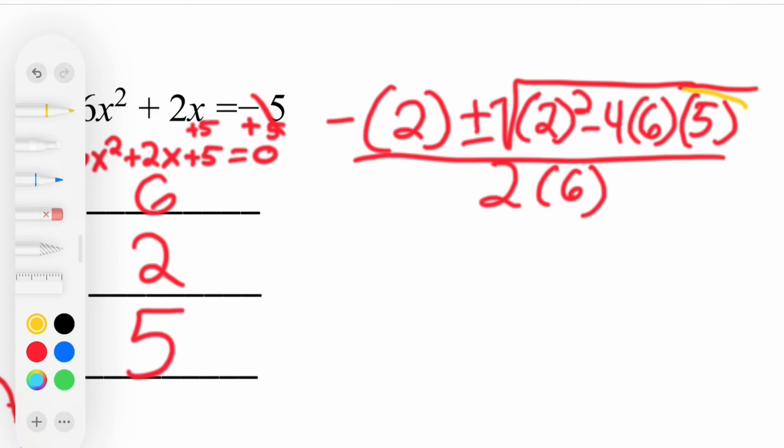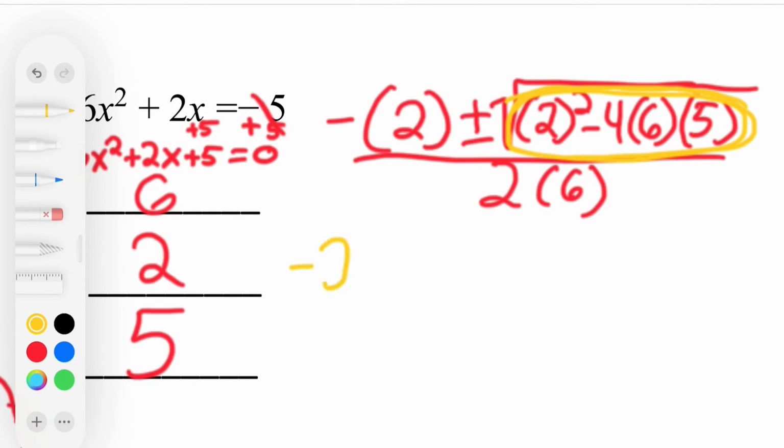There is a reason why I taught it the way I did. Only put what is underneath this radical in the calculator to help you know what you need to simplify. We do not want ugly decimals when we're doing these. We want exact values.